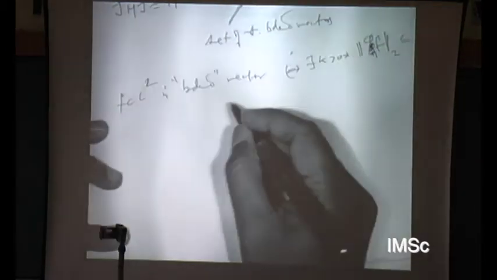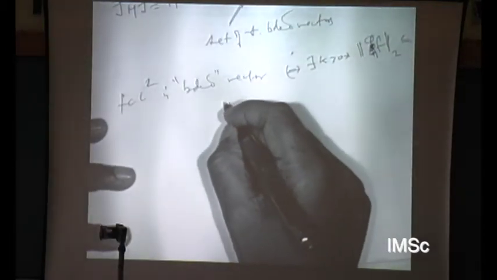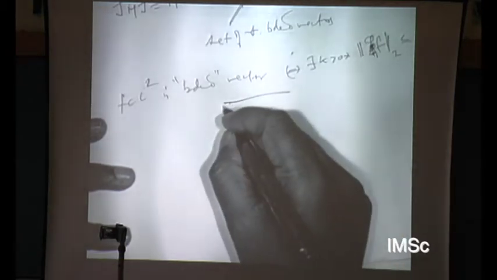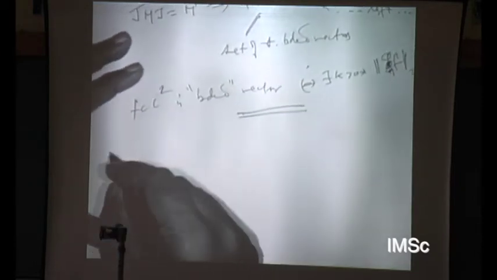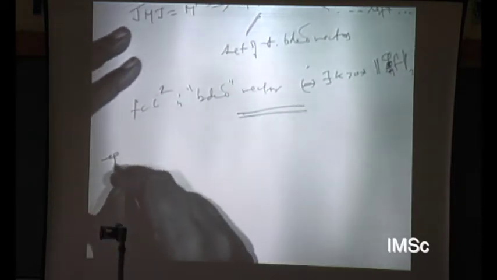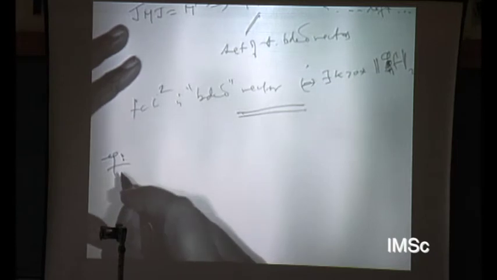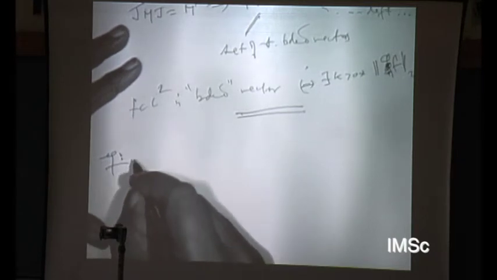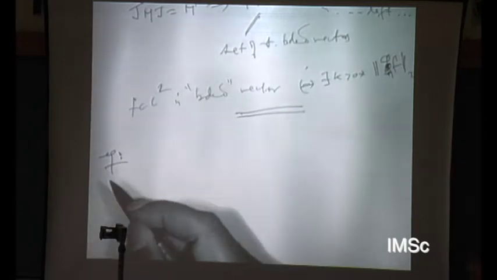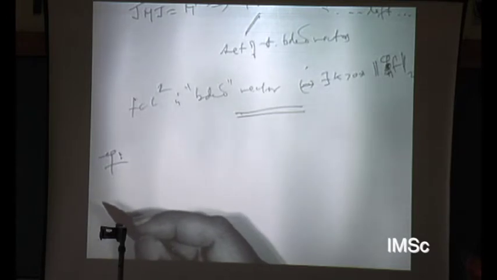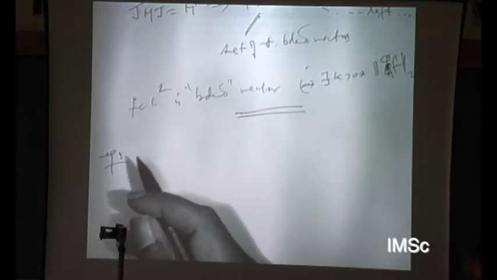So now I want to give you an example, an important example of a finite von Neumann algebra. Of course, I can take n by n matrices. That is going to be a finite von Neumann algebra.